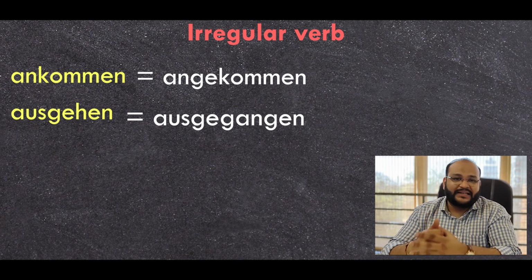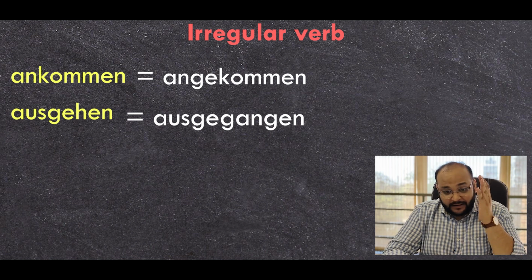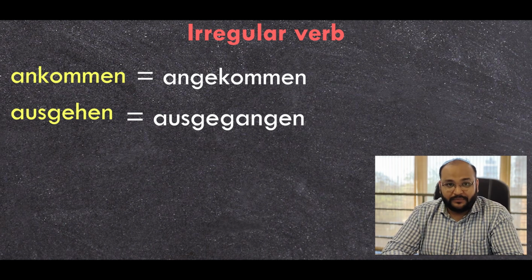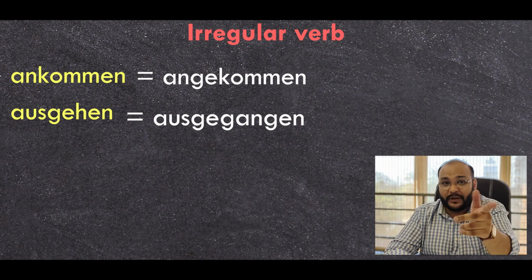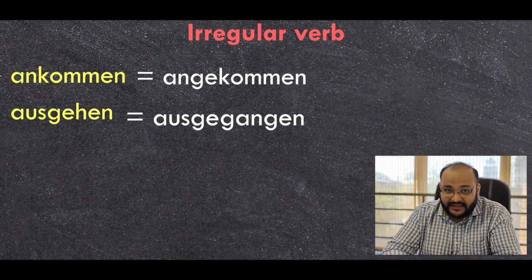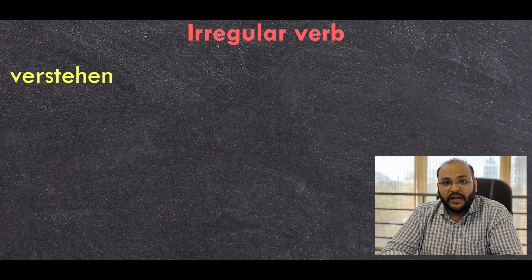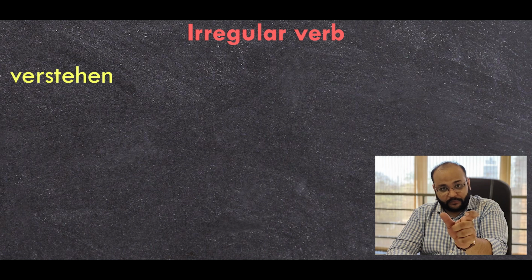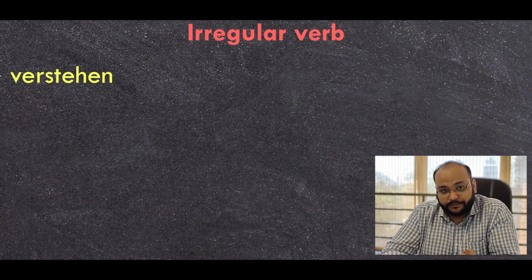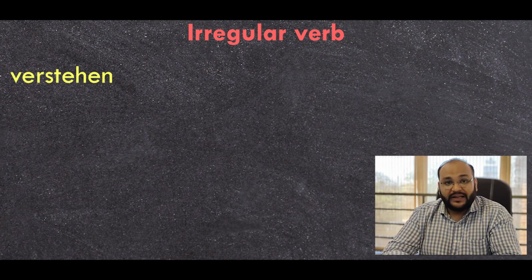And now the last category: inseparable verbs. These are verbs which might look like separable, but they are not separable. For example, verstehen. Now, stehen is an irregular verb, and its past participle is gestanden.